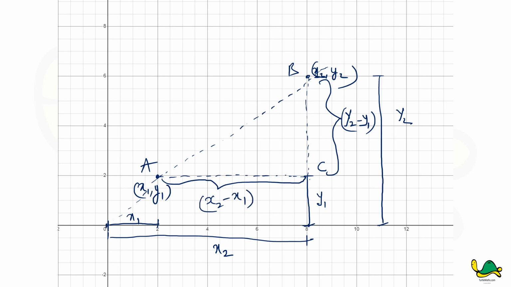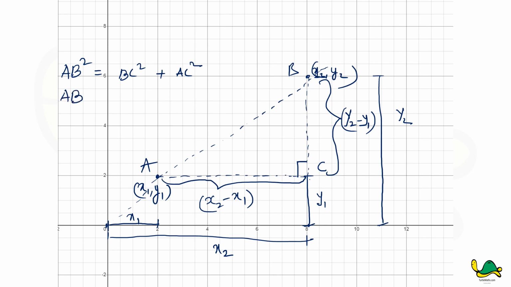Now pay attention, this is a right angle triangle, and I can apply the Pythagorean theorem, which says that the square of the hypotenuse, in this case AB, should be equal to the sum of the squares of the other two sides. So BC square plus AC square. And that's what I have done.